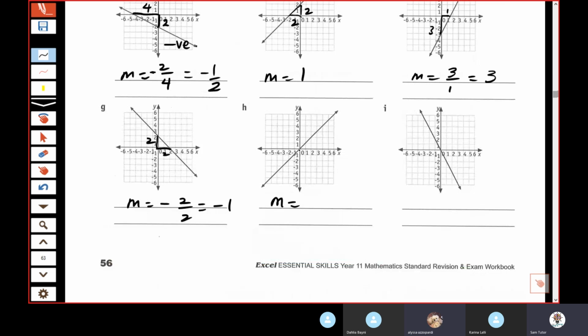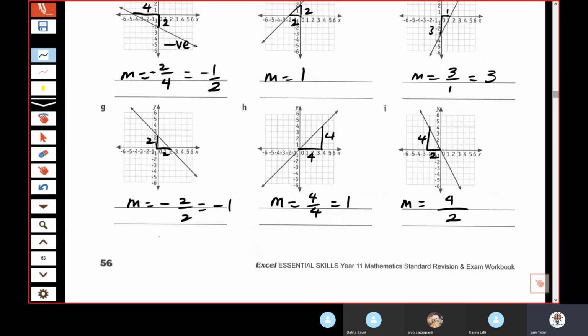My rise, ooh, I've got to make a triangle. Well, let's just make a triangle from there. My rise is 4, my run is 4, slope to the right, my answer is 4/4, which is 1. Same thing. My rise is 4, my run is negative 2, nope, my run is positive 2, right?